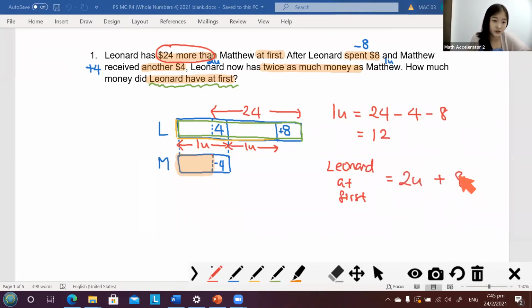That's Leonard at first. So find your 2 units: 12 plus 12 plus 8. Final answer? Thank you, Kabitra, Celeste. 32. $32, that's how much Leonard had at first.